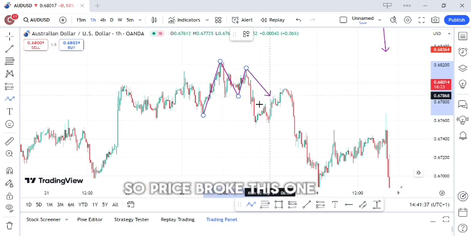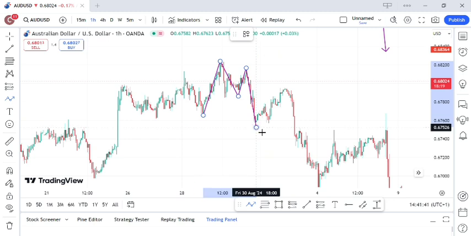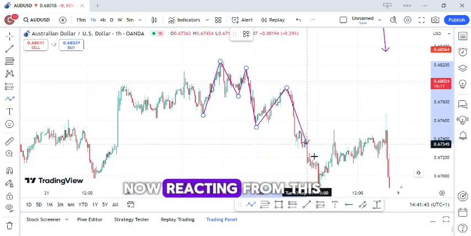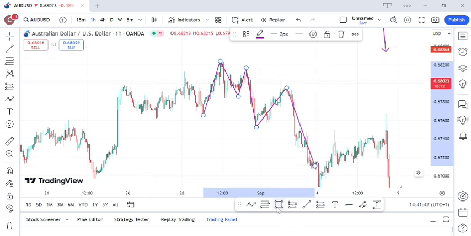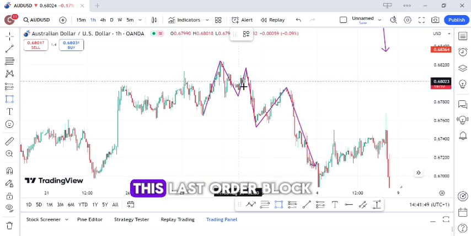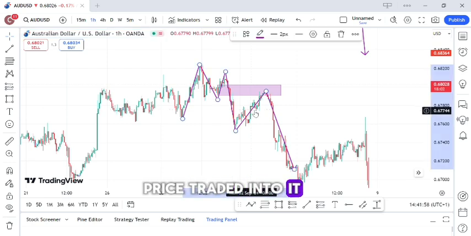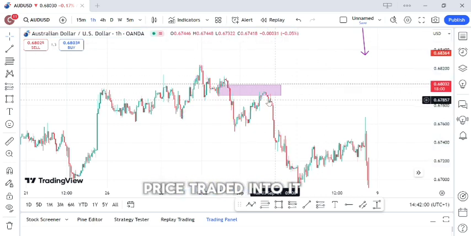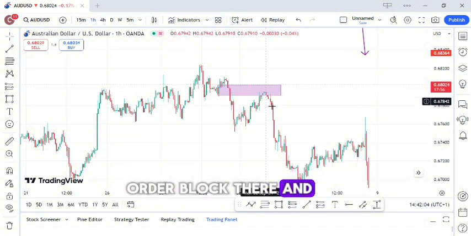So price broke this one, and so price is now reacting from this order block here. Price is reacting from this last order block. You can see how price traded into it, the last bearish order block there, and started dropping.